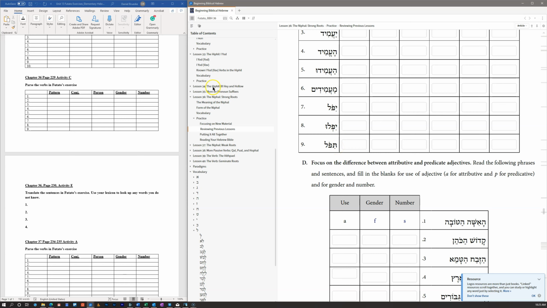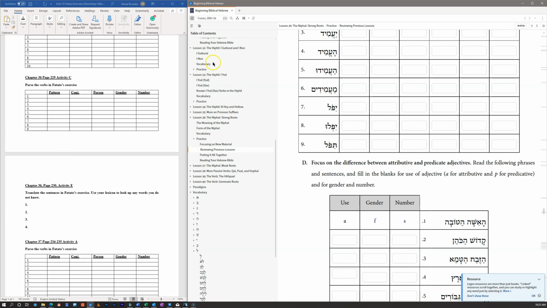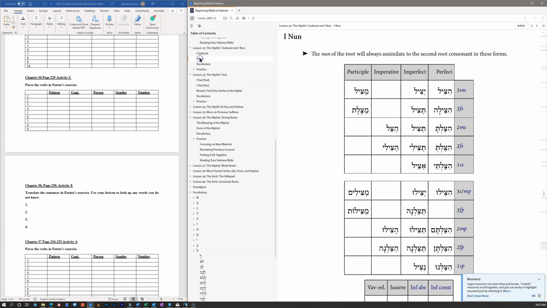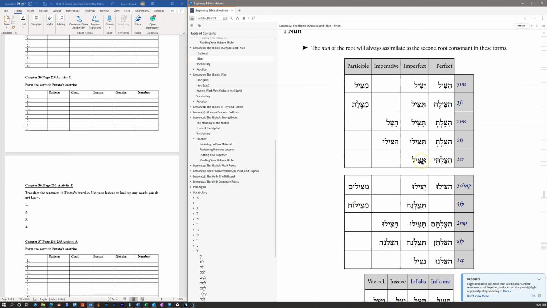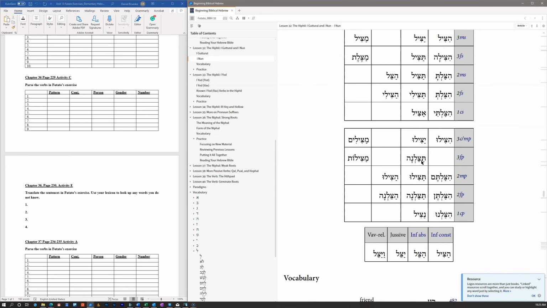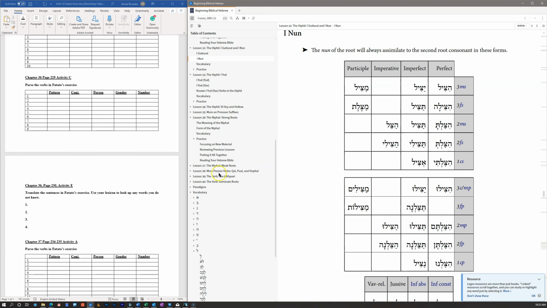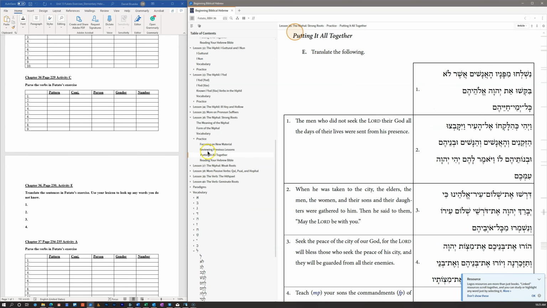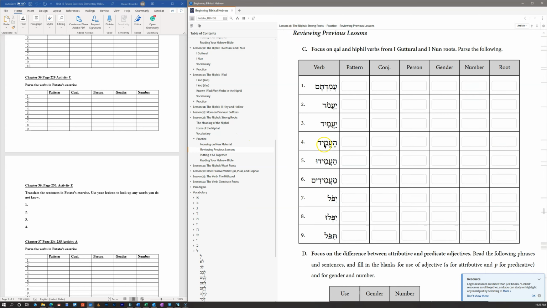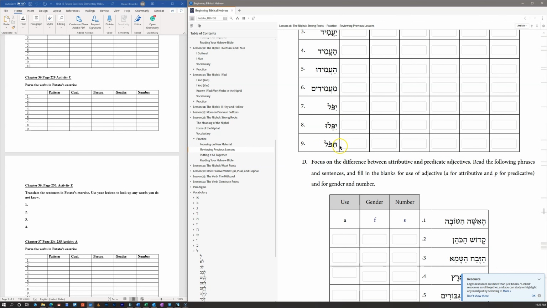And let's just check the chart for that. Yes. So it retains the patak there. All right. So yeah, all of these are going to be cal imperfect.